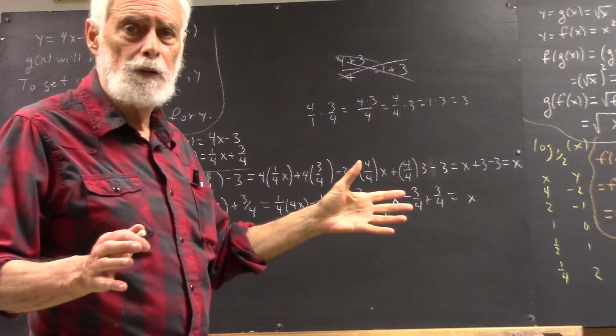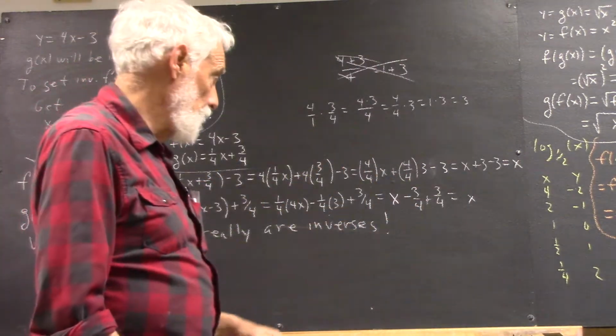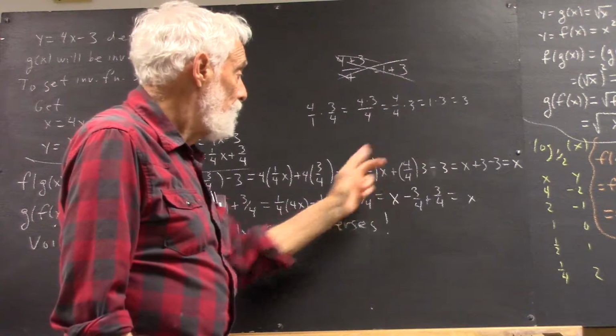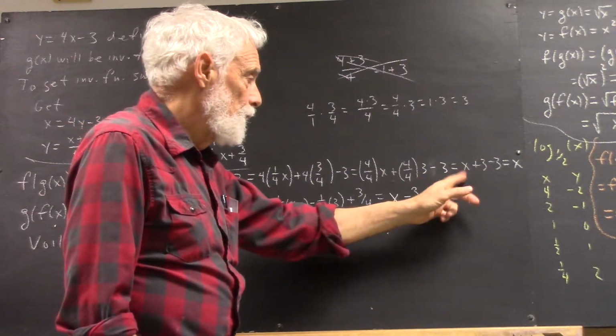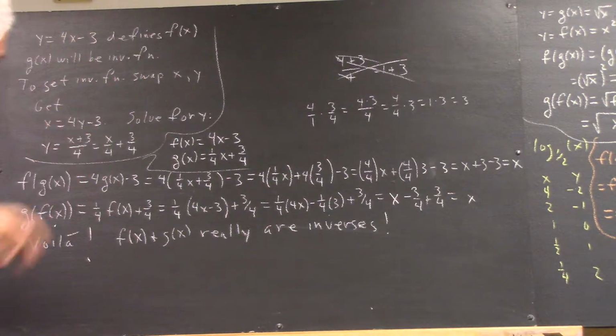The rules for cancellation are complicated enough that people don't remember them, people don't apply them. Okay, well anyhow, that's how you justify that 4 times 1/4 x is x, and that x plus 3 minus 3 is equal to x.